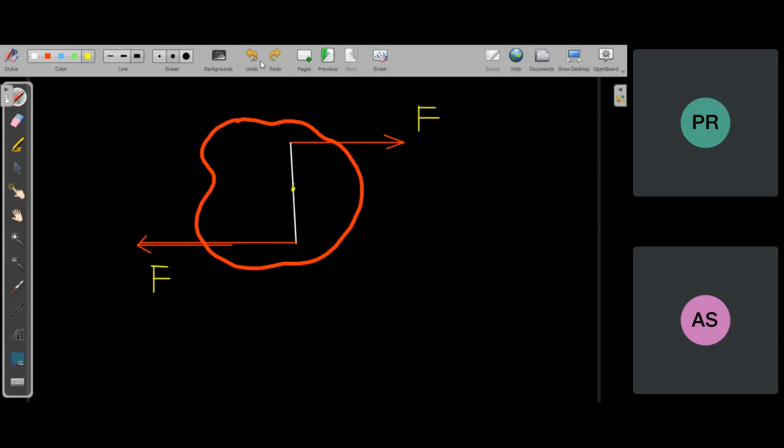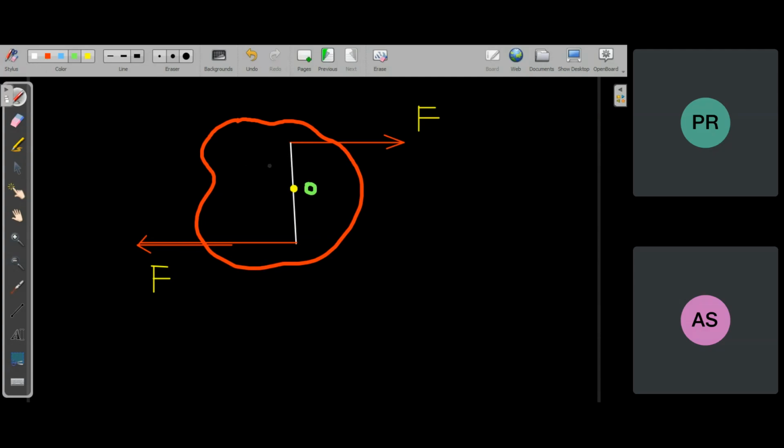Anywhere you can take. Suppose the body may be hinged about it, or if it is not hinged, it will rotate about its COM. So about its COM, you can take this point, and you can find its torque.